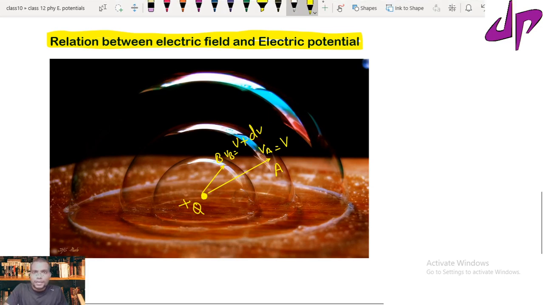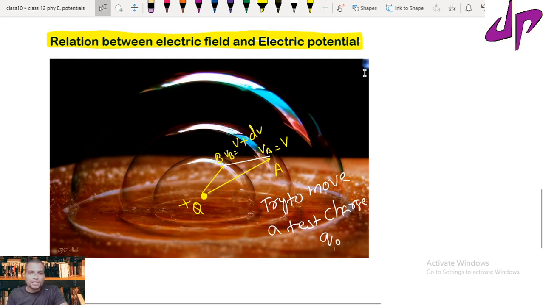Now I am moving a test charge from point A to B, which is Q naught.